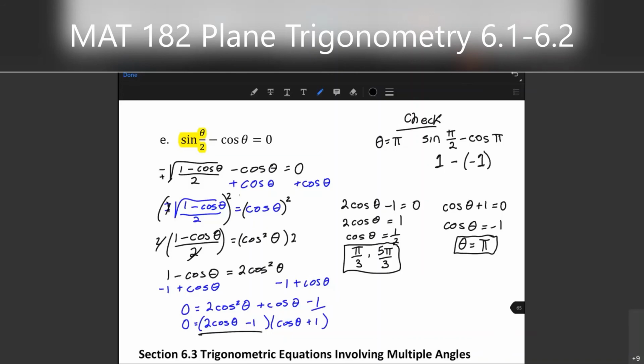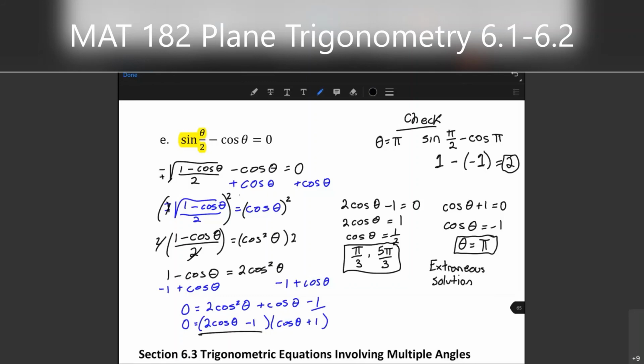Cosine of theta is -1. And this, in fact, gives us 2 instead of 0. So this actually is not a solution. This is what we would call an extraneous solution, and would not actually be a valid solution for the equation.